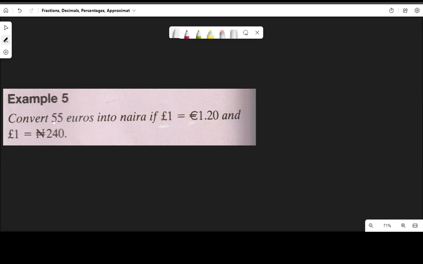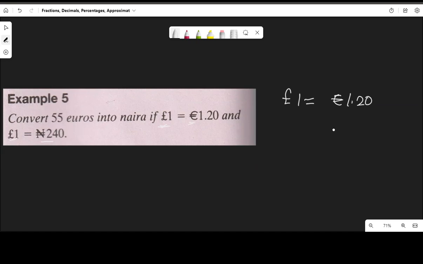So we need to convert these 55 euros to pound first, because the relationship is between pound and naira, not between euro and naira.